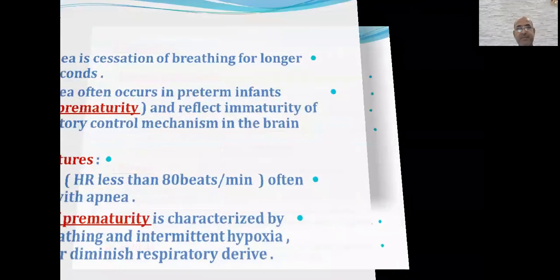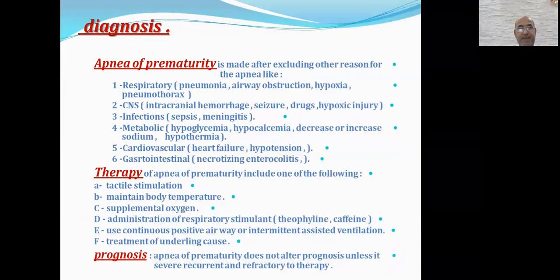Diagnosis. Apnea of prematurity is made after exclusion of other reasons for the apnea.